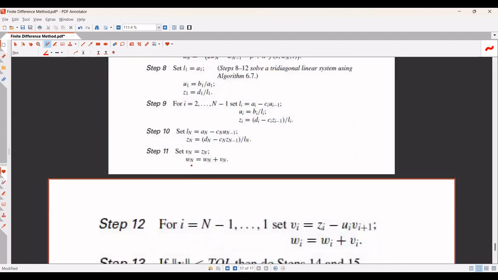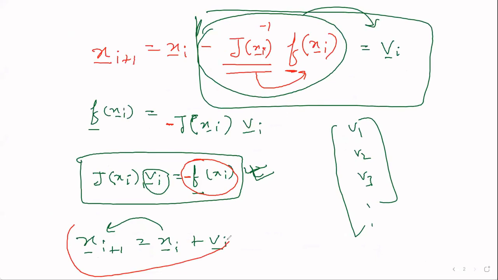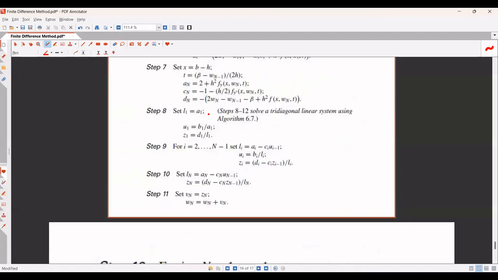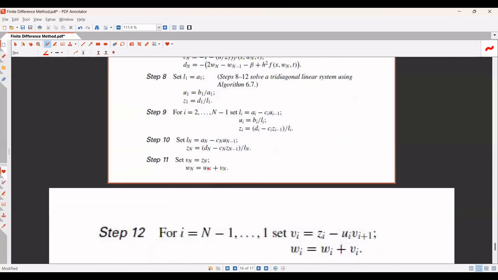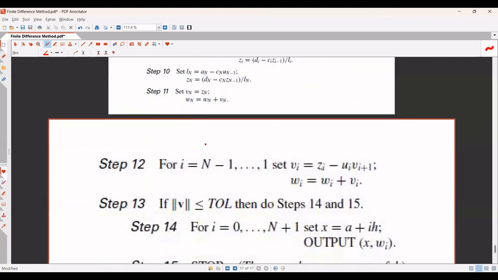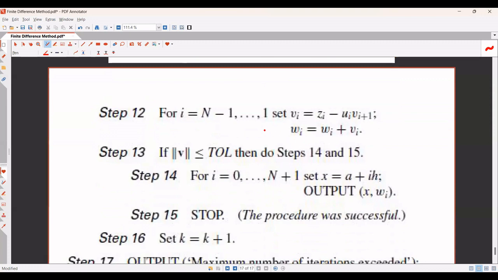Step 11 is that Wn equals Wn plus Vn, the line we wrote at the end of our argument here, right? This line. In steps 8, 9, 10, they solved for Vn. In step 11, they added the Vn with Wn to get the better approximation.